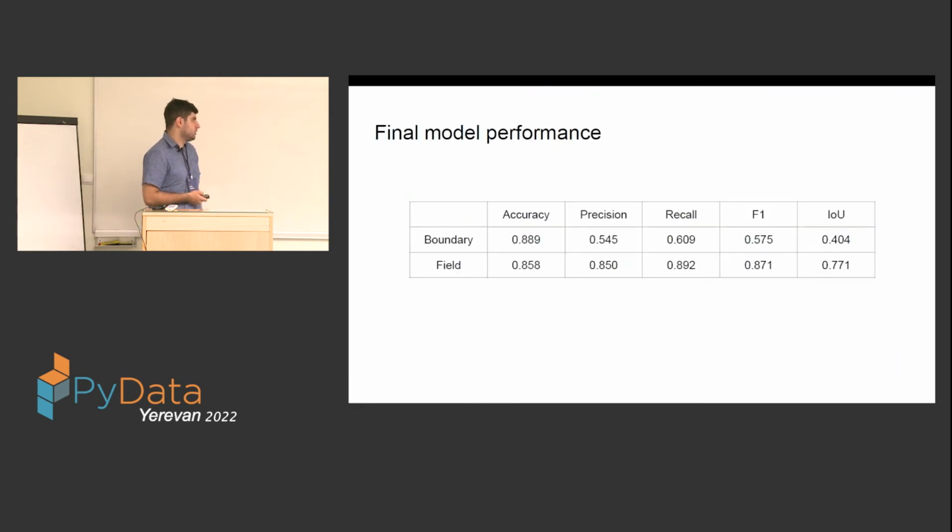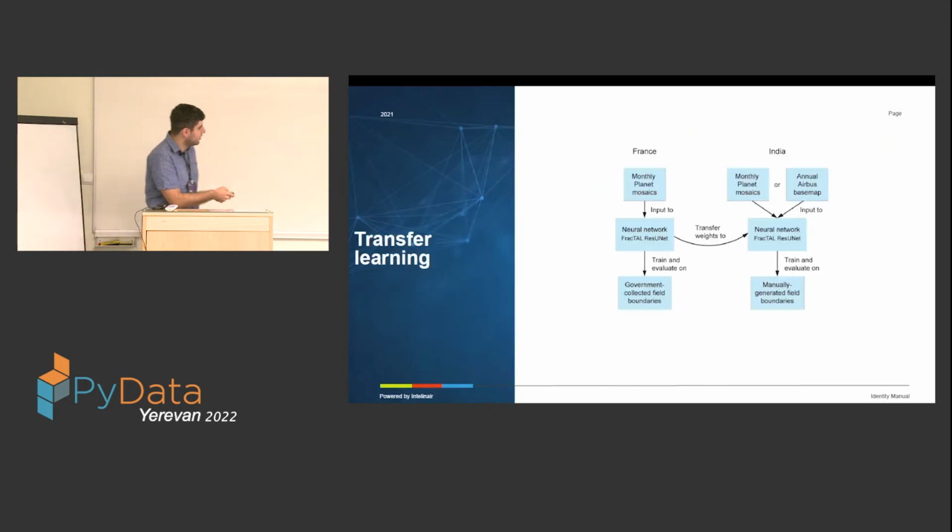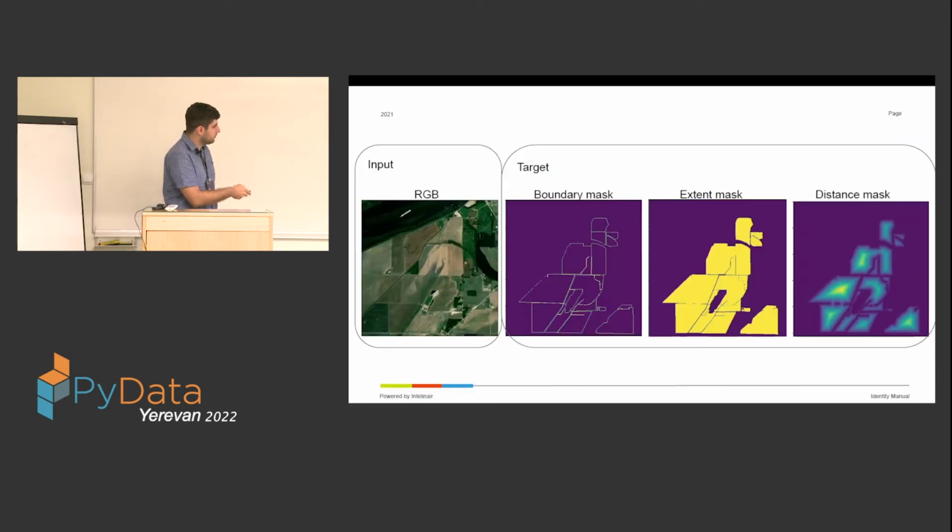So the boundary metrics might be low if you just look at them without context, but that's just fundamentally how it's supposed to be. You can imagine if you have a boundary mask and another boundary mask, and the predicted boundary mask is shifted by a single pixel, there's not going to be any overlap.